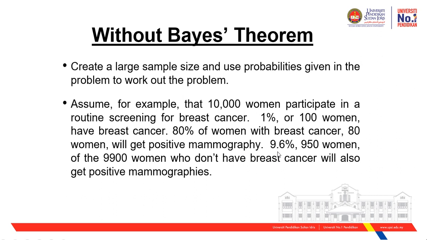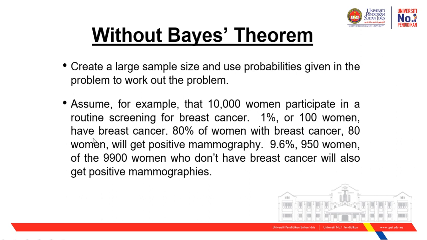And then the next information is 9.6% of the women who don't have breast cancer. 9.6% of 10,000 minus 100, which is 9,900 women. When you calculate 9.6% out of 9,900, we get 950 women who don't have breast cancer who will also get a positive mammography.